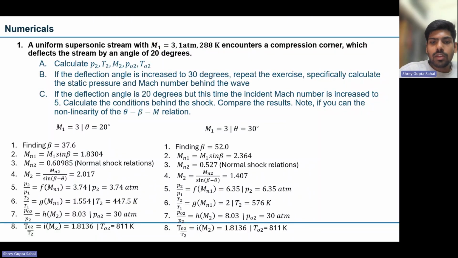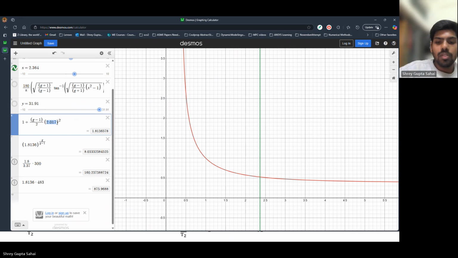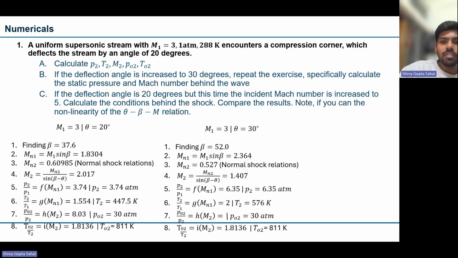Now we will also calculate stagnation pressure. P2 we know, and M2 is 1.407. So we go back to the table with 1.407, and the temperature ratio is 1.395.